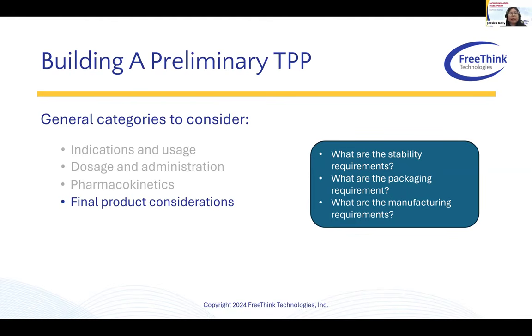And finally, are there any requirements for the manufacturing process? So do excipients used in the formulation need to be precedented within pharma? Are new excipients acceptable? Or is there a particular process, equipment, or manufacturing location that needs to be used?